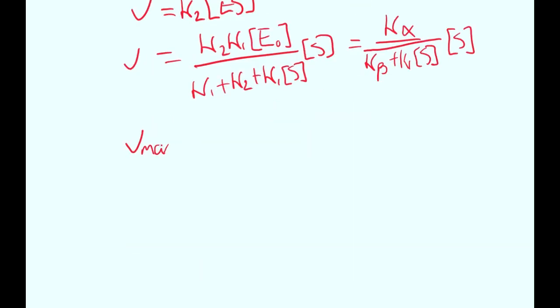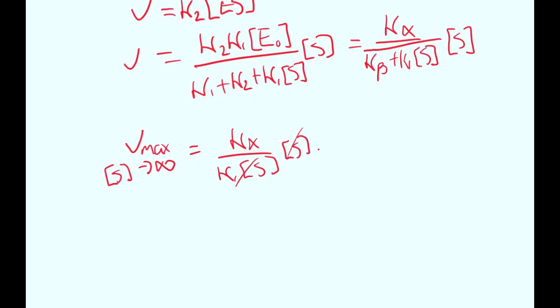Vmax is the maximum rate of reaction, and this is when the concentration of S approaches infinity. In this case, K1S dominates the denominator over K beta, so we result in having K alpha over K1S times S. Cancelling these two concentrations of S, we get a constant K alpha over K1.